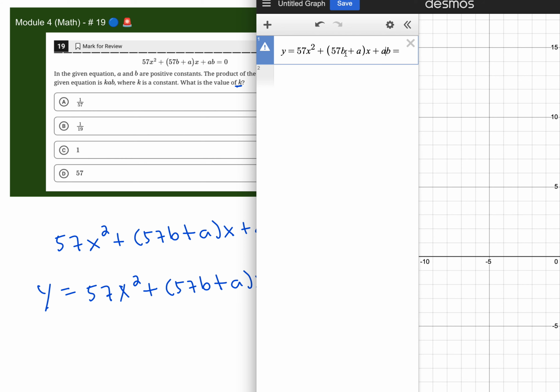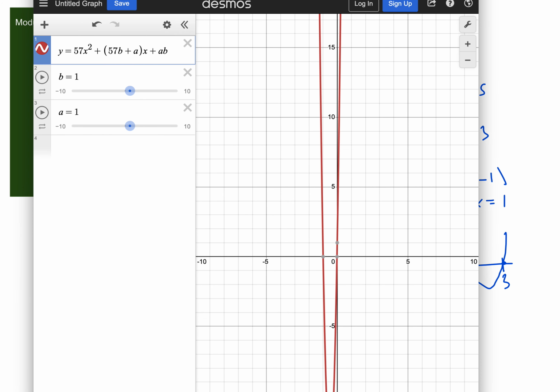Just kidding, not equals 0. It's y equals that, right? So get rid of that piece. There. Okay, now we're going to do sliders for both. Click that right there. Okay, let me move this over here.